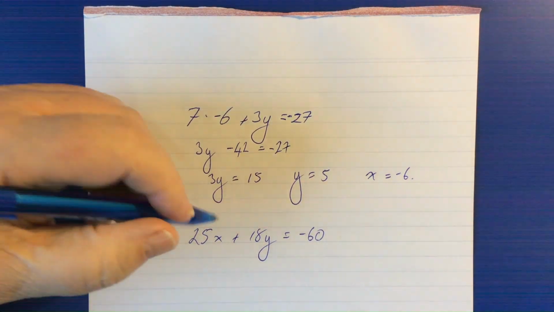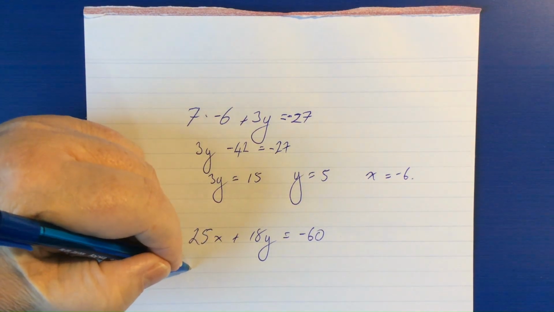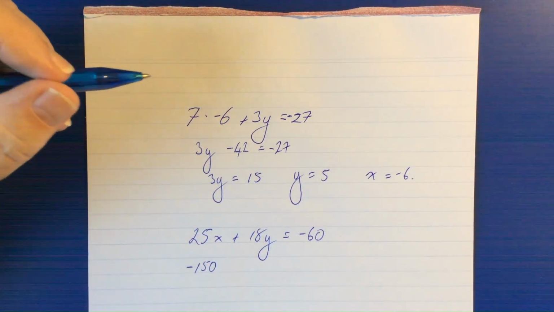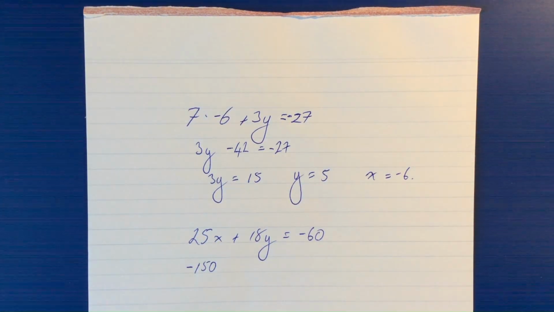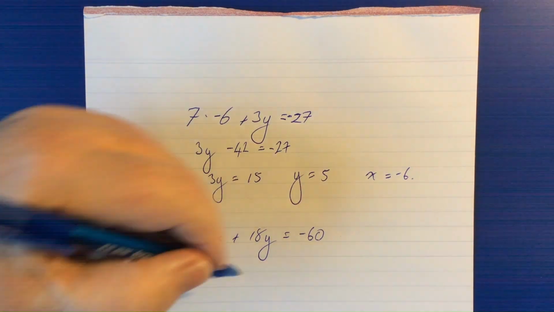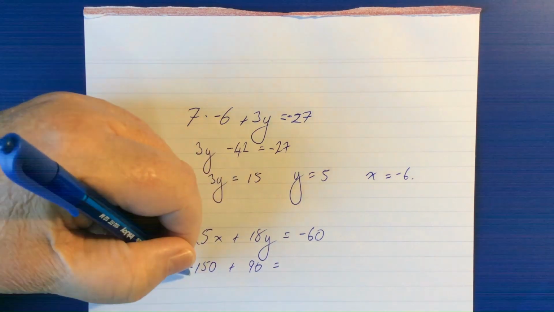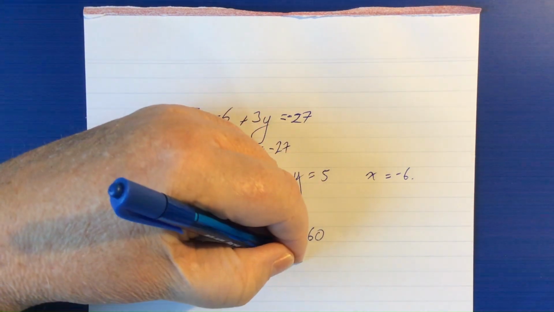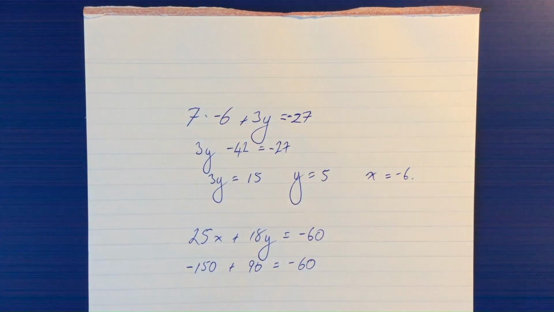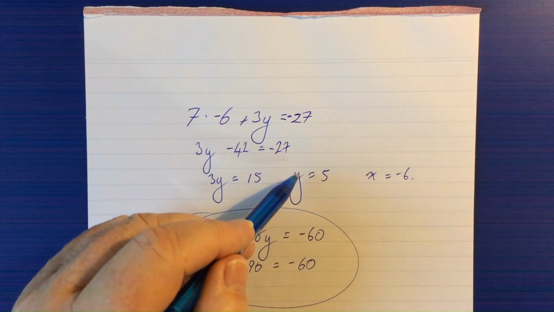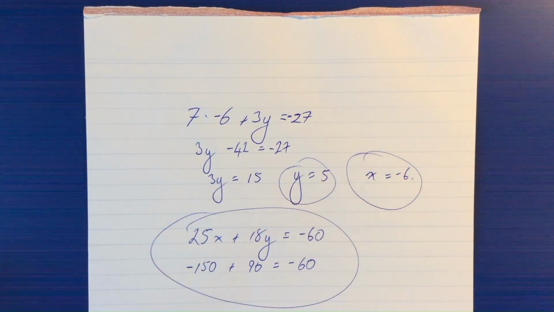Okay, 25 times negative 6 is negative 150, and 18 times 5 is 90. Okay, negative 150 plus 90 does indeed equal negative 60. Well, there we are. There's our check, and there are our answers.